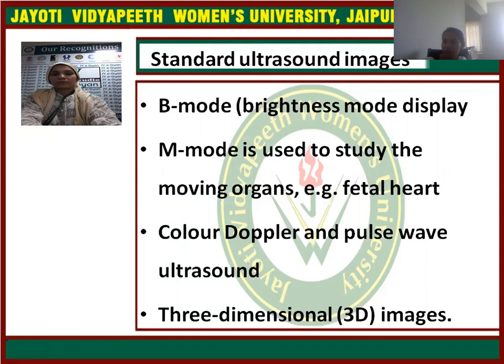When the wave interacts with moving structures like red blood cells in the umbilical artery, the Doppler shift is an audible signal, and that can be converted to a visual signal. They are known as flow velocity waveforms.